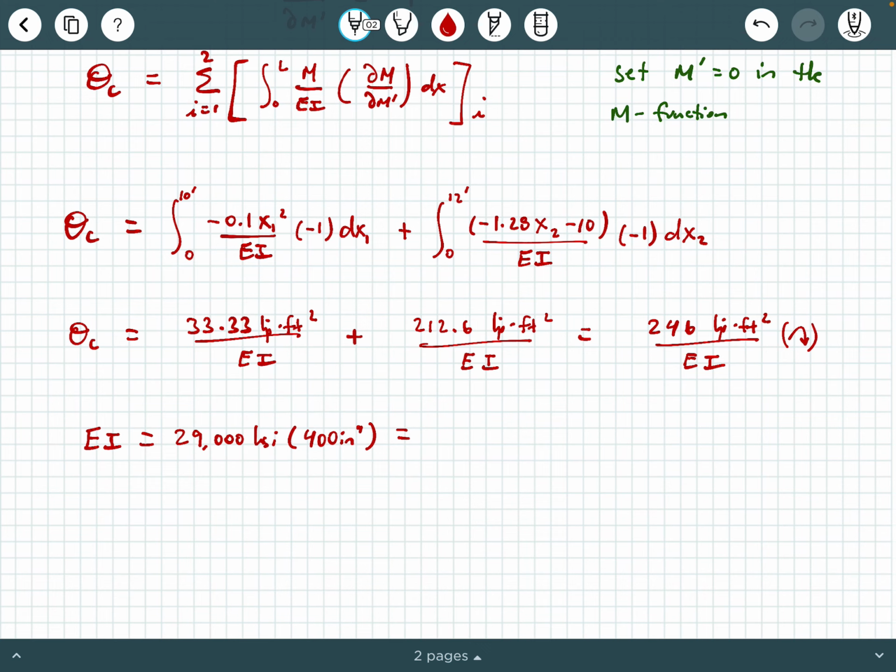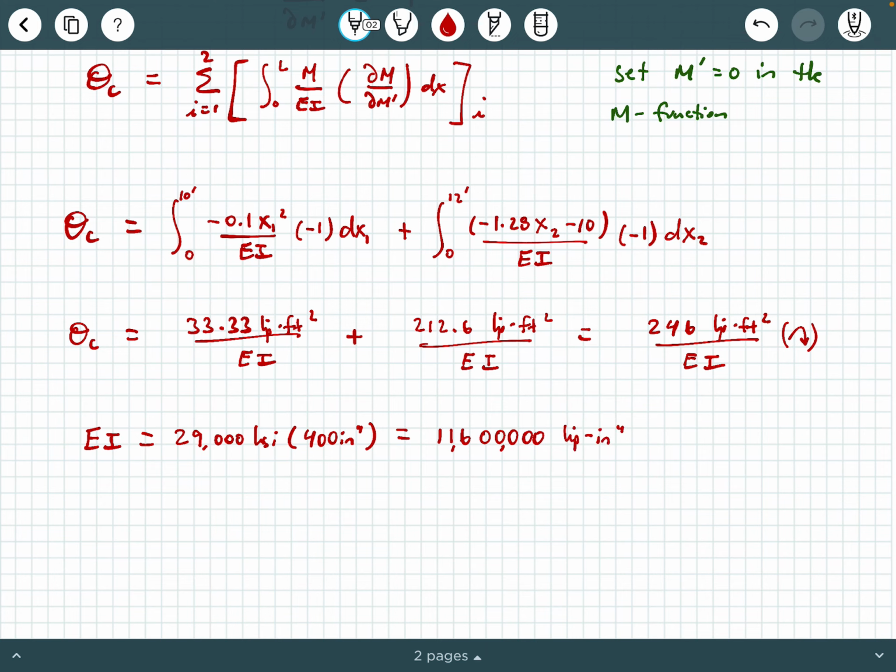We get a big number, of course. So we get 116, and I got 5 zeros here in my calculator. Okay, and this has units of kip inches to the fourth.